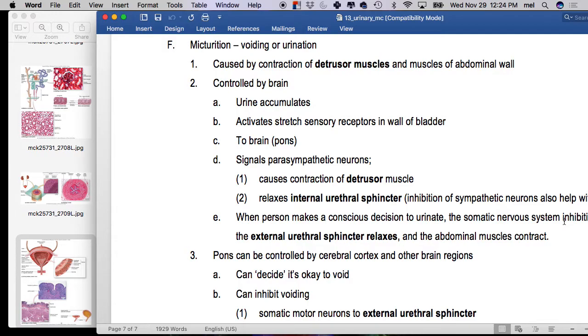Eventually, when it gets super full, what's going to happen? You're going to pee down your leg if you don't pee. There is no real alternative that can be overridden by your cerebral cortex and your teeny tiny external urethral sphincter. So you can decide it's okay, or you can inhibit it for a while.